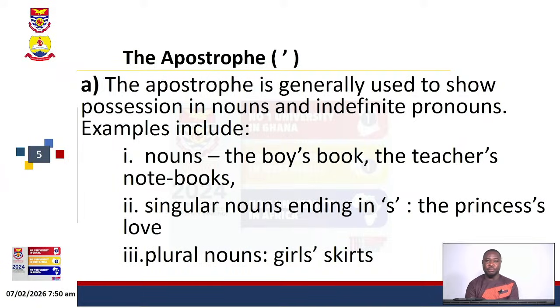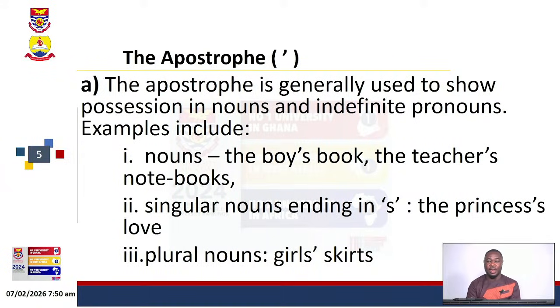So if you want to communicate this ownership meaning, you can use the apostrophe. So boy, apostrophe S is boy's book. The teacher's notebooks. Teacher apostrophe S.